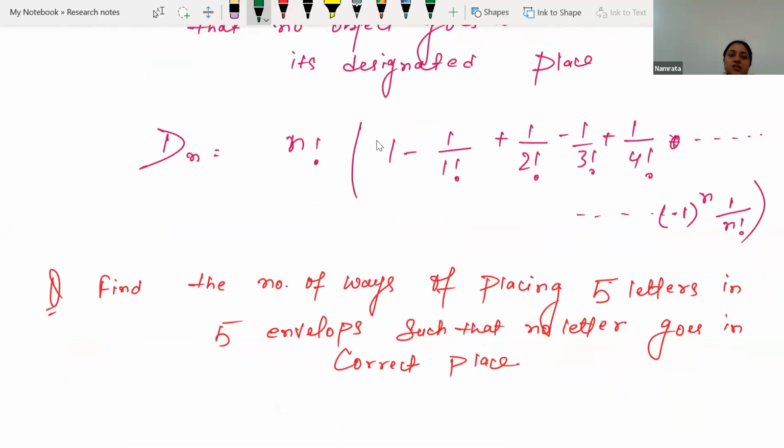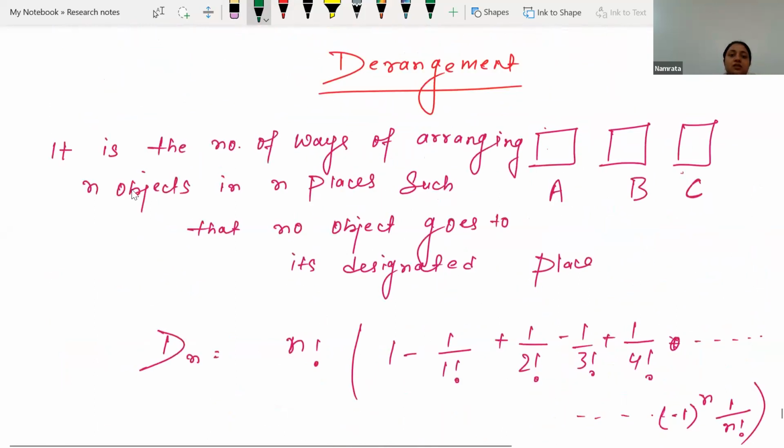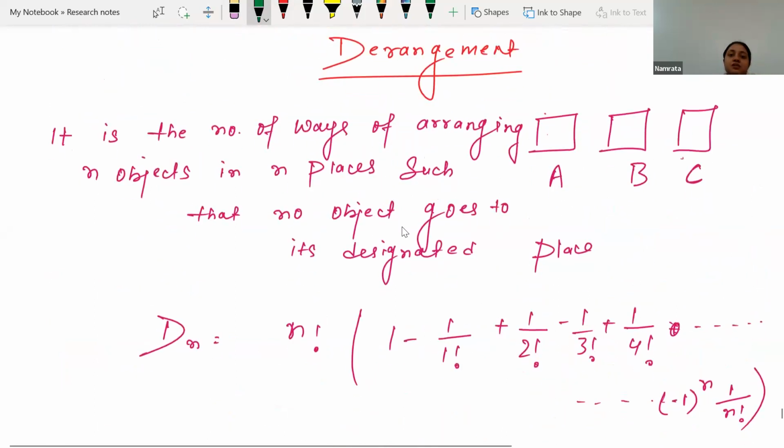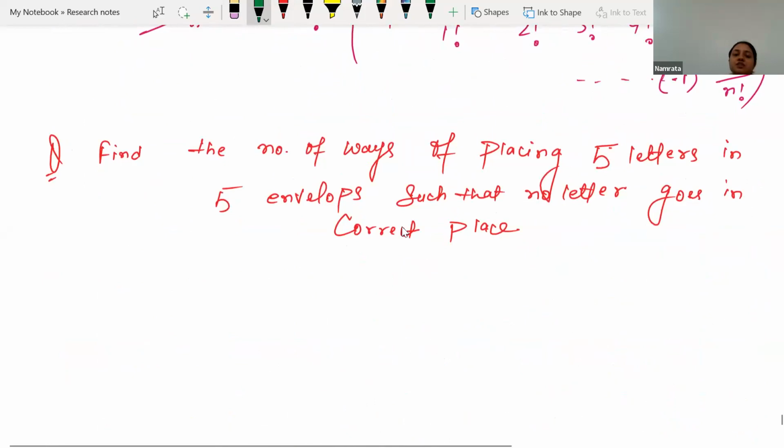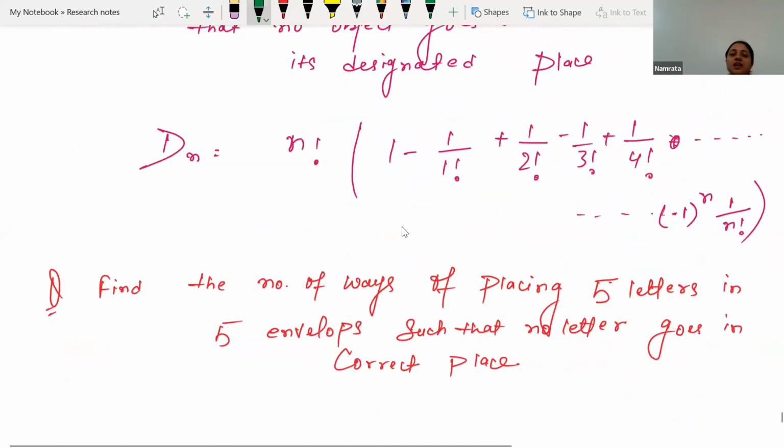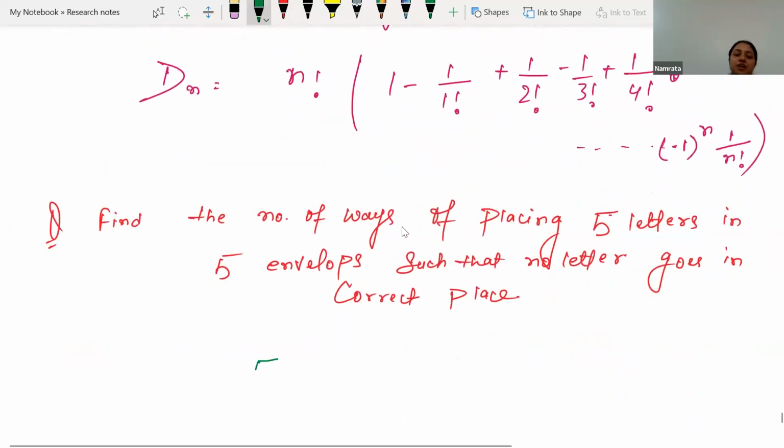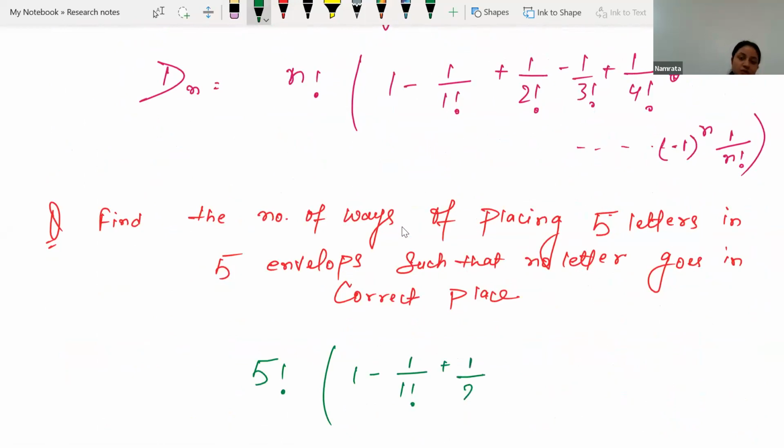The formula is n factorial. So let's see what was n. N objects, n places. So 5 objects, 5 places, 5 letters, 5 envelopes. So it will be 5 factorial, right? Times 1 minus 1 by 1 factorial plus 1 by 2 factorial.